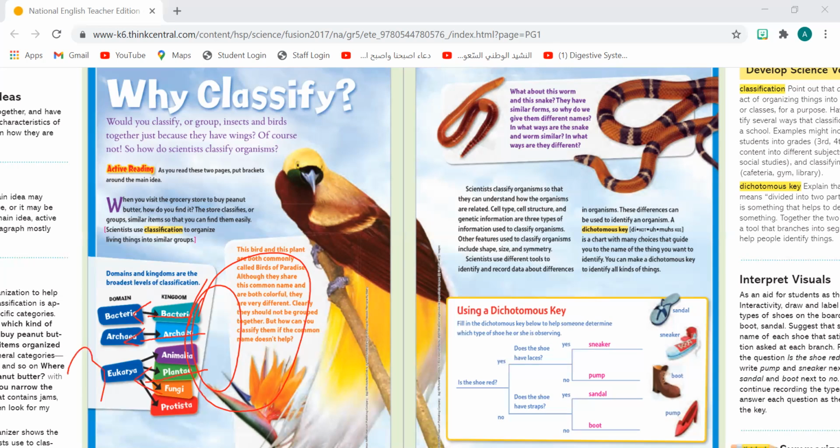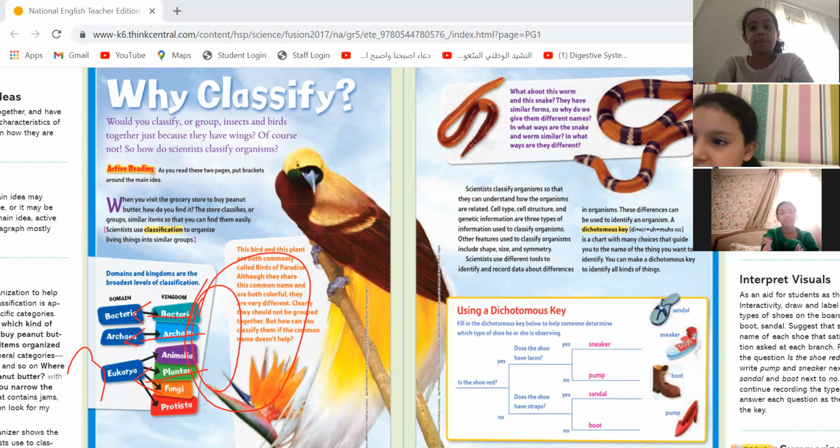Okay? Guys, are you here? Yes. Okay, so you know what the 3 main domains are. Now, what do I mean by domain? Turn the page to find out.